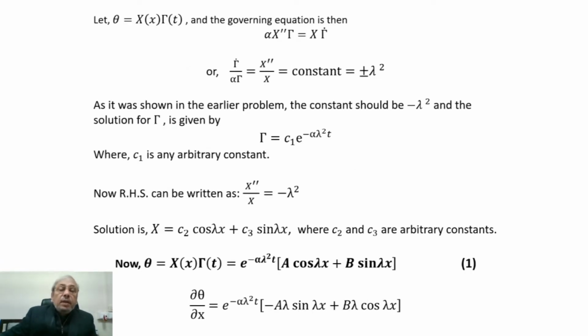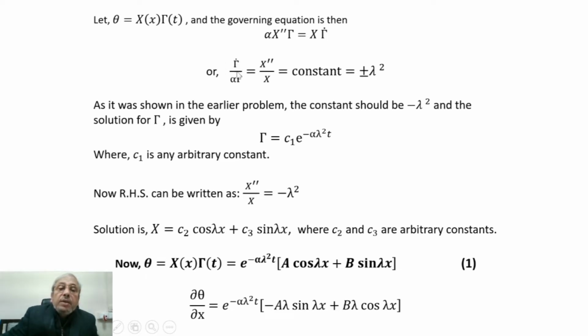So again, we apply the separation of variables technique, and the solution is a product of two functions. One is dependent only on x, another is dependent only on time. Then the governing equation may be rewritten as alpha X'' Γ equals X Γ dot, where gamma dot is the derivative of gamma with respect to t, the time dependent part of the temperature.